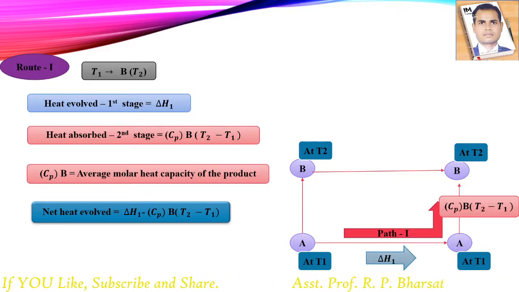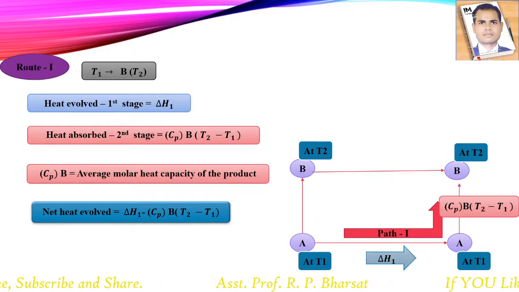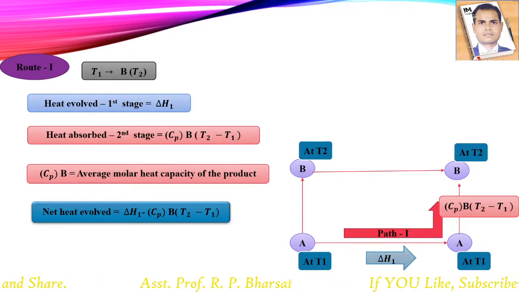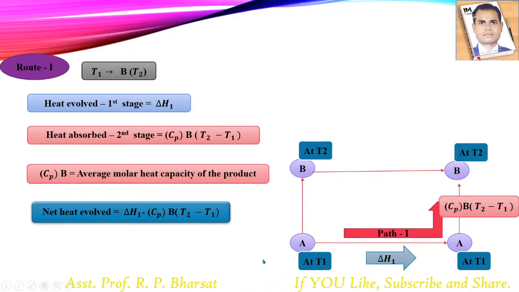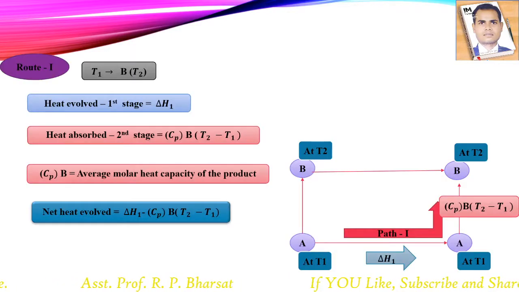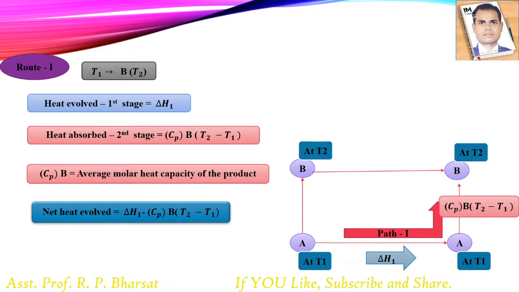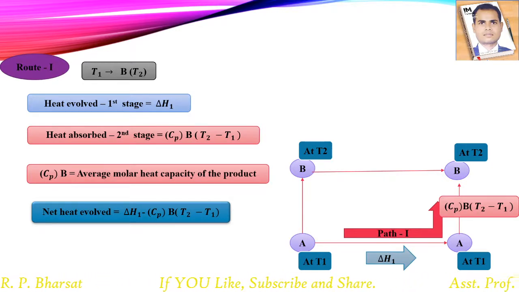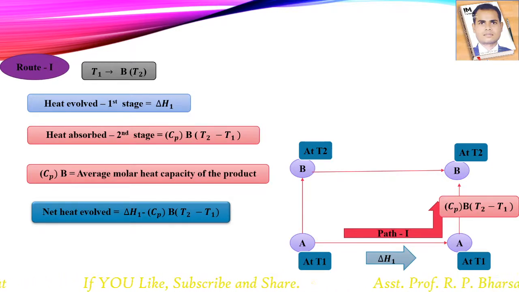So if we perform the reaction through path first or route first, we get net heat evolved as delta H1 minus Cp B (T2 minus T1).